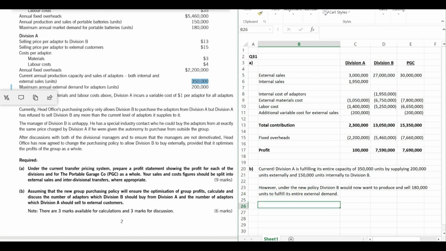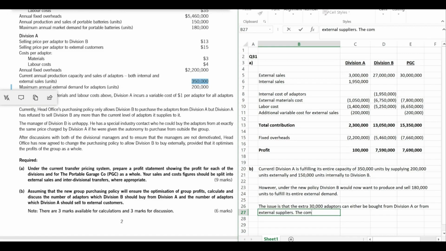The issue is that the extra 30,000, what are we dealing with? Adapters, right? Adapters can either be bought from Division A or from external suppliers.